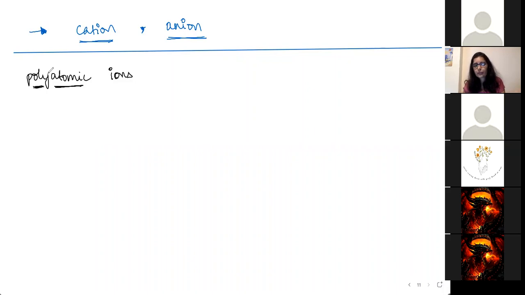Ma'am, when you have more than 2 atoms. When you have more than 2 atoms, what are we using this to describe? Polyatomic ions. So these are basically ions with two or more atoms, something that's not a single atom.